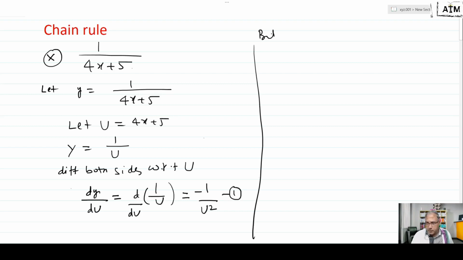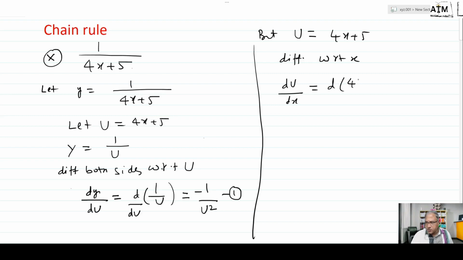But what is u? u is nothing but 4x plus 5. So differentiating both sides with respect to x, du by dx equals the differentiation of 4x plus 5 with respect to x, which equals 4.